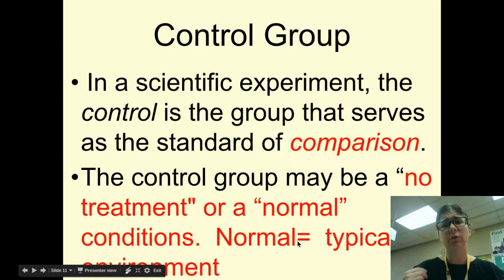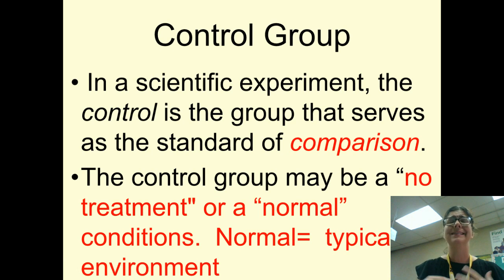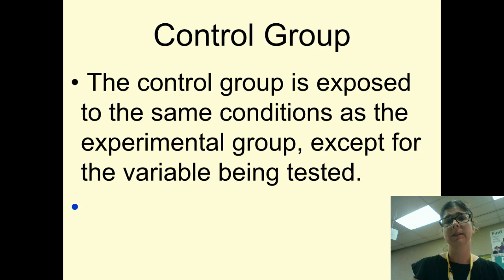And I say normal in quotation marks because normal means typical. And what's typical for one organism might be different than for another organism. So when we say normal, we mean the typical environment, where it's found in nature. The control group is exposed to the same conditions as the experimental group, except for the variable being tested. What that means is that the constants stay the same.